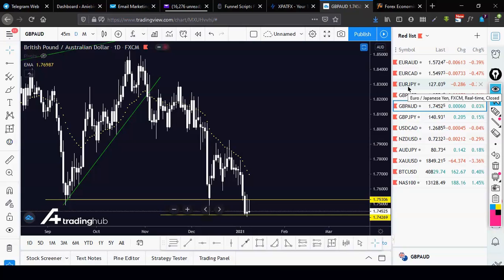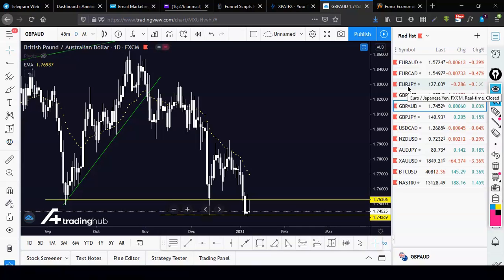So I can maybe reduce my risks on euro JPY and also on euro AUD, so that if it hits stop loss, I know I'm not losing more than 2% of my equity for that particular setup.